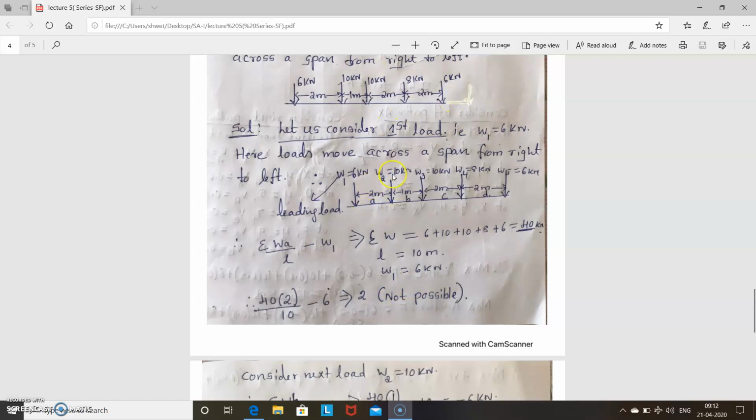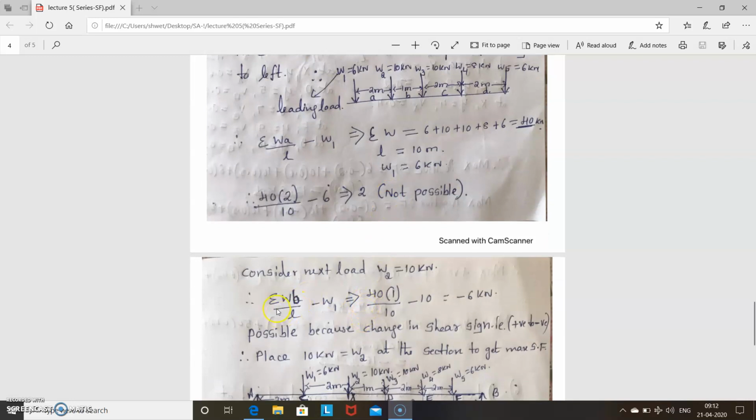What is that? That is 10 kilonewton. So summation of W is 40 into b, where b is the distance corresponding to that load, 1, and L is the span length, and W1 is the load you consider, 10 kilonewton here.